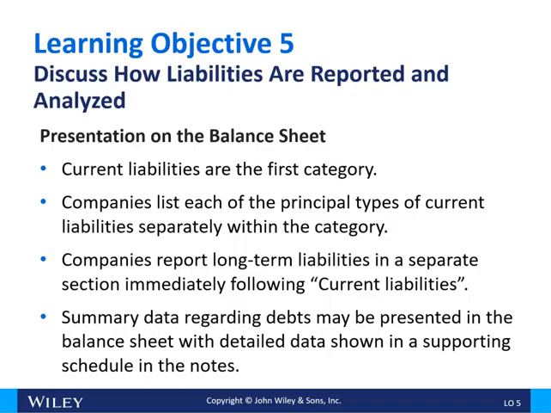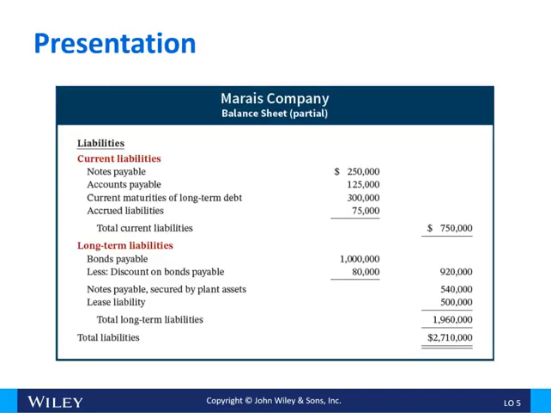Long-term liabilities are reported separately immediately following current liabilities. Summary data regarding debts may be presented in the balance sheet with detailed data shown in supporting schedules in the notes. So here's an example. We have notes payable, we have accounts payable, current maturities of long-term debt, accrued liabilities.